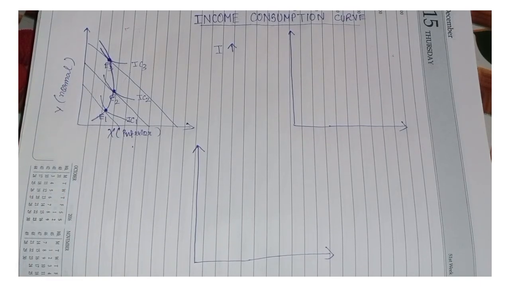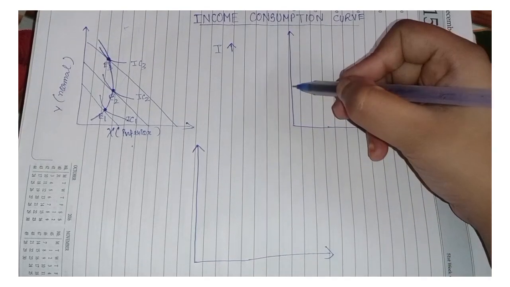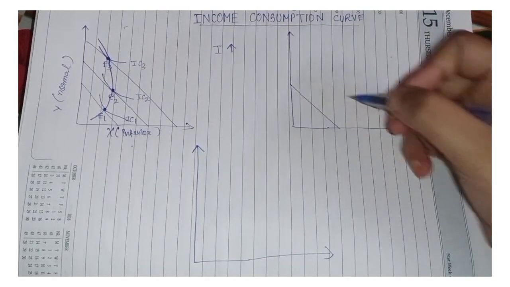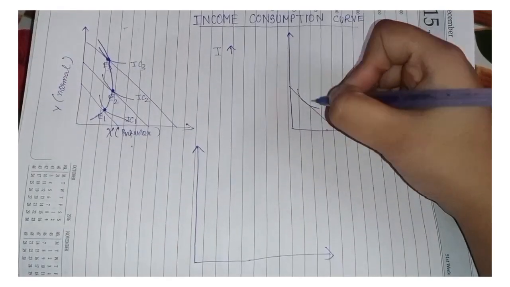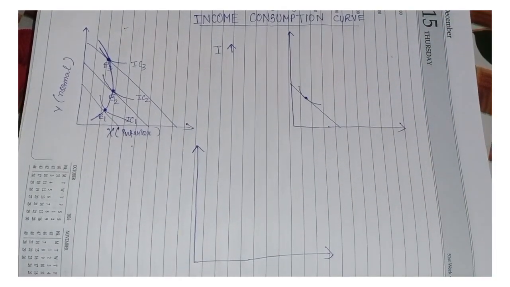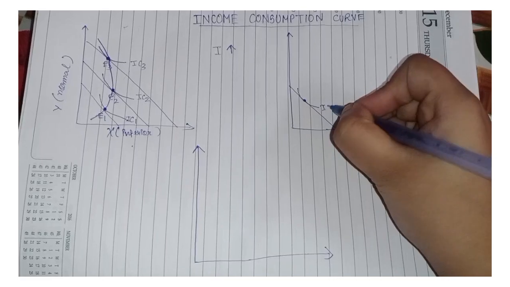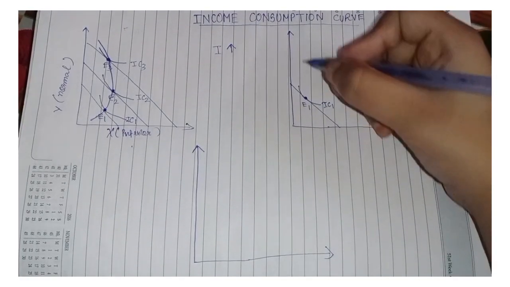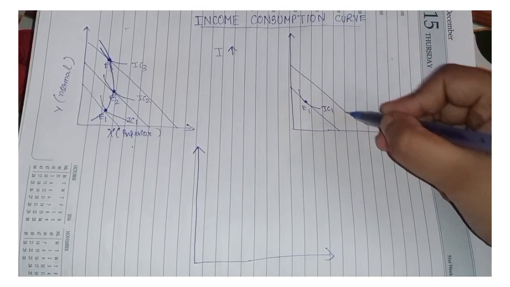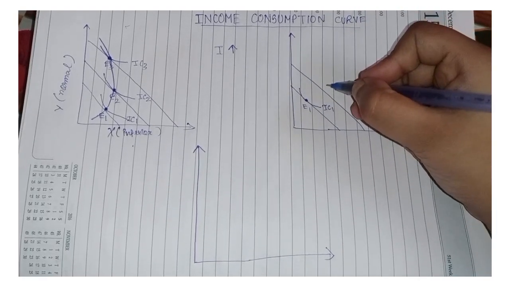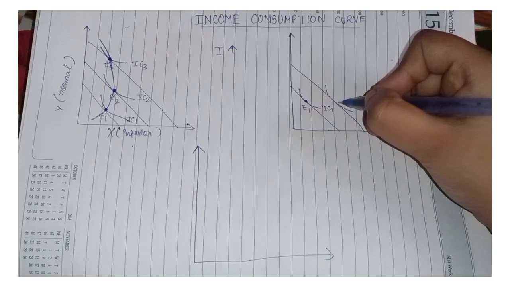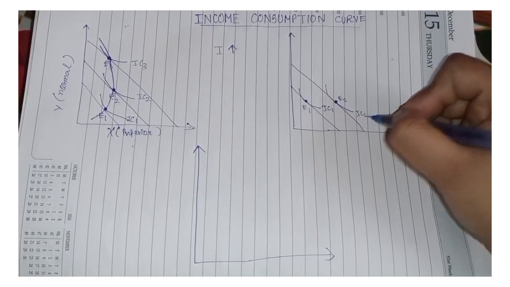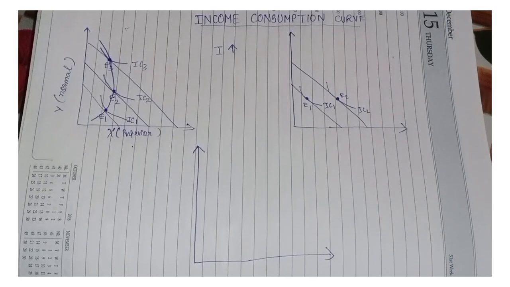Okay. Now let's take the opposite case. This is my budget line and this is my indifference curve and my equilibrium point is this. So IC1 and this is my equilibrium point. Okay. Now if my budget increases, let's say that this is my new equilibrium point E2 and this is IC2. Okay.